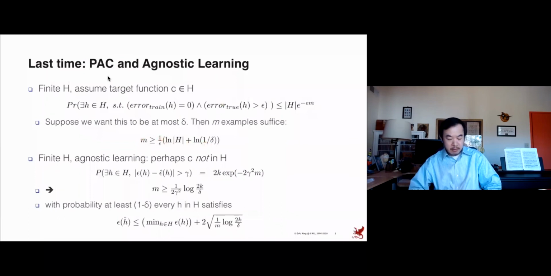Then the second scenario is slightly more complicated, where your C is not in H. In fact, I was confused earlier: the version space actually applies to PAC, where the hypothesis commits zero error.